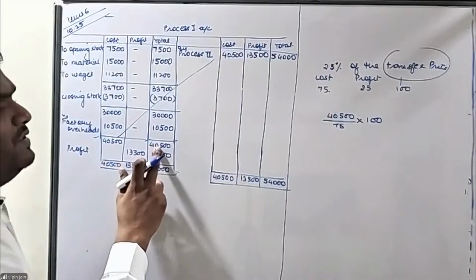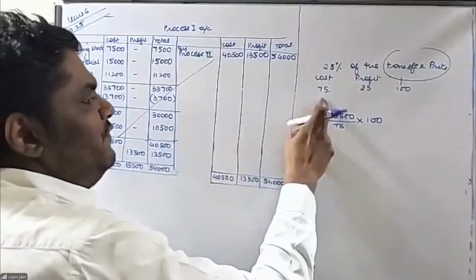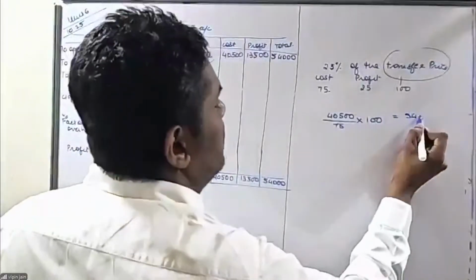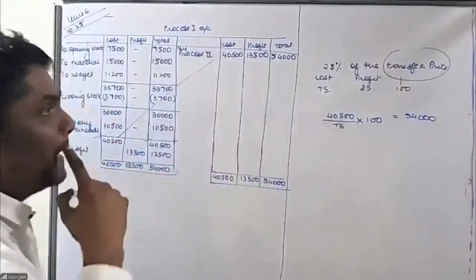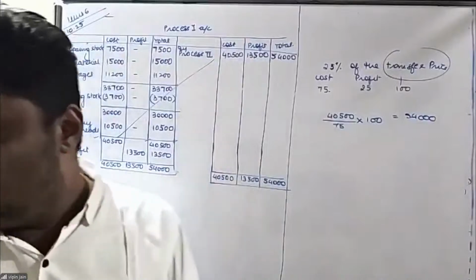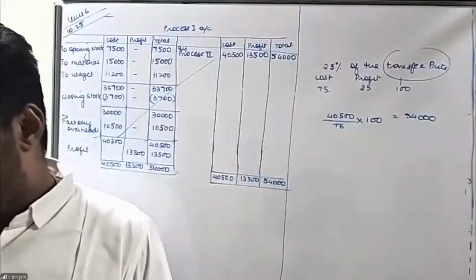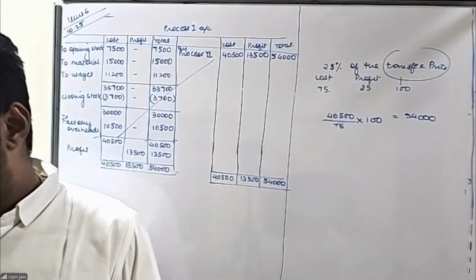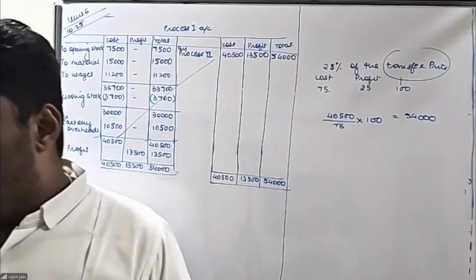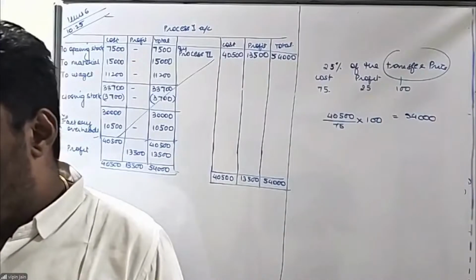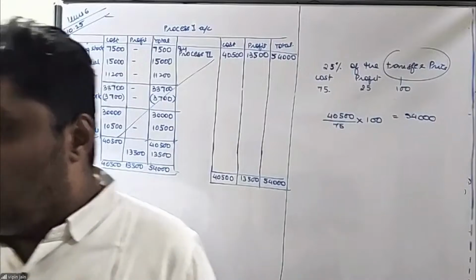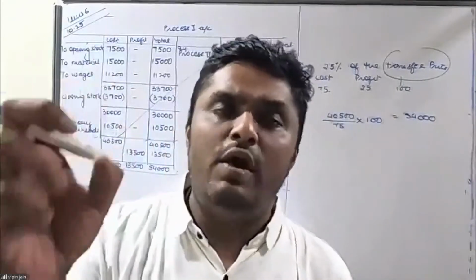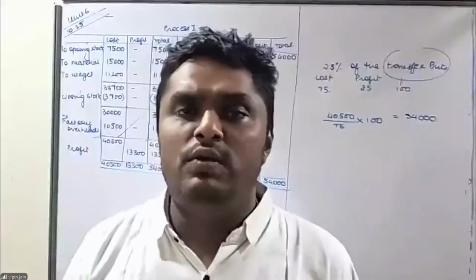Now this 40,500 is equal to 75. So how much will be 100? It will be 54,000. We can't write the closing stock after overhead. See, opening stock, add direct expenses, minus closing stock.